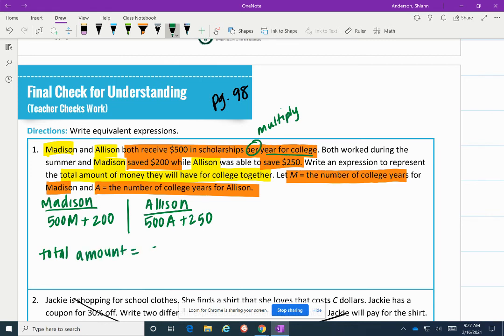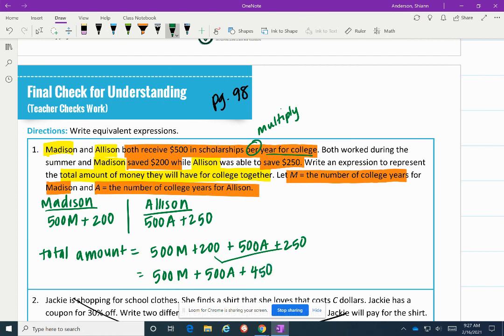Now we want it together, so we want total amount. Total amount's going to equal together, so 500M plus 200, that's Madison's, plus Allison's 500A plus 250. I'm just going to combine my constants, so this equals 500M plus 500A plus 200 plus 250 is 450. Okay, we can leave my answer like this, or we can pull out the 500.